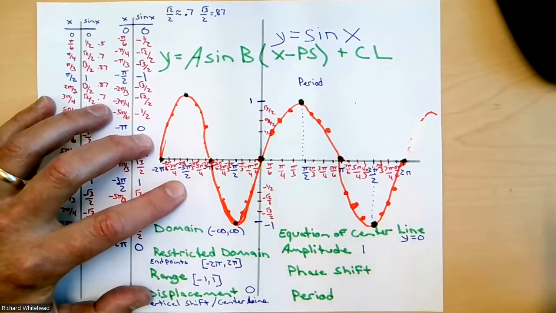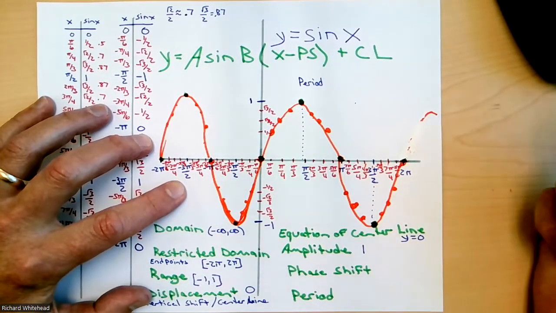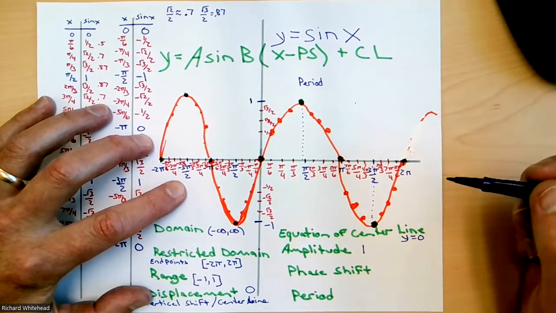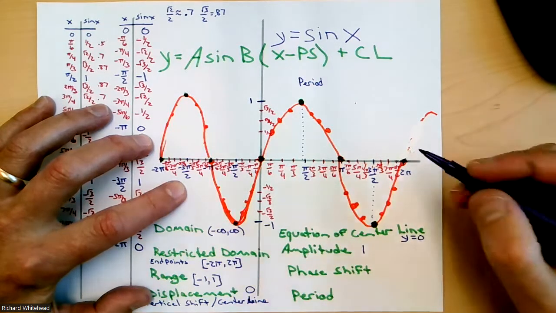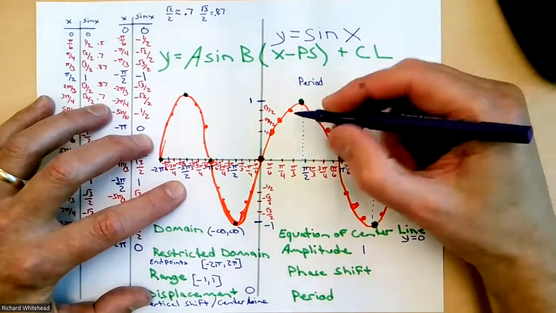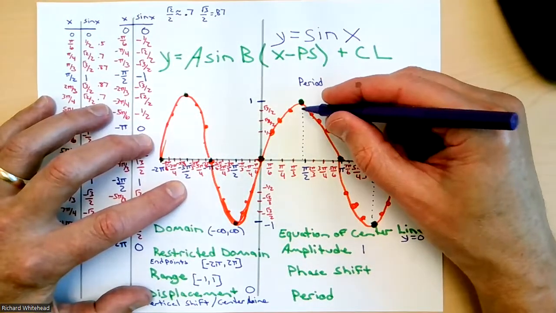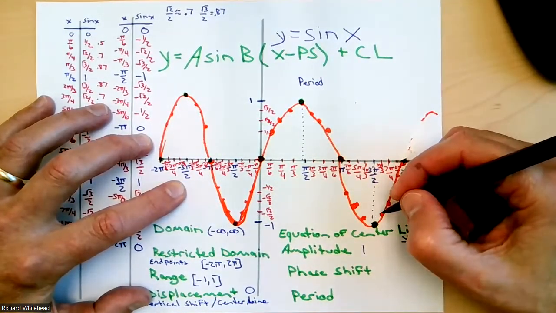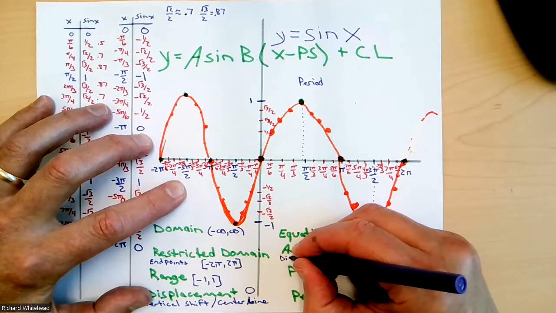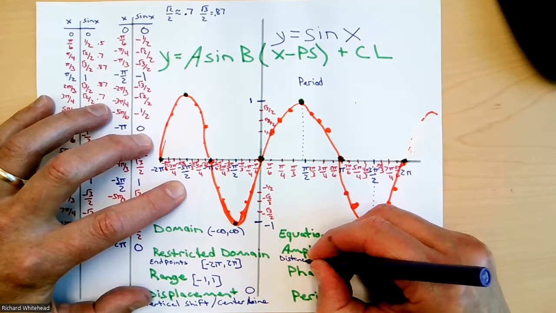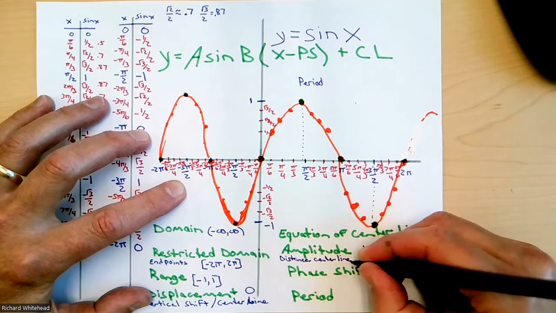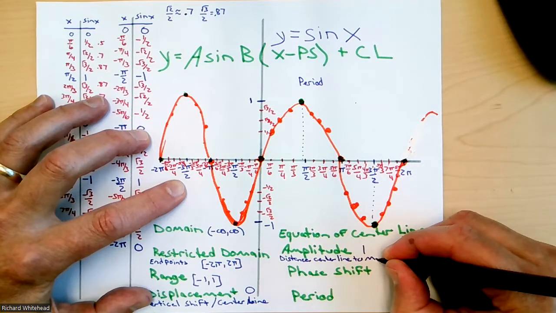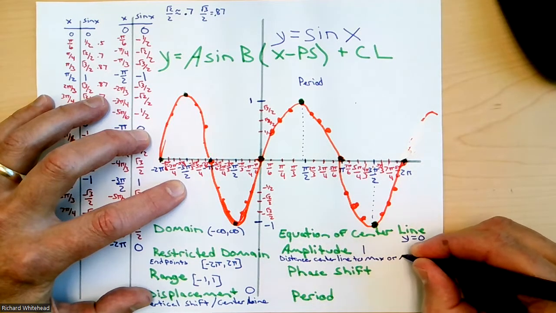So the a value is always the amplitude. There's actually something about that that's going to come up when it flips over. We're going to get to that in the next video. I just wanted to go through all this basic stuff here. But anyway, the amplitude is the distance from the center line to the max or min.